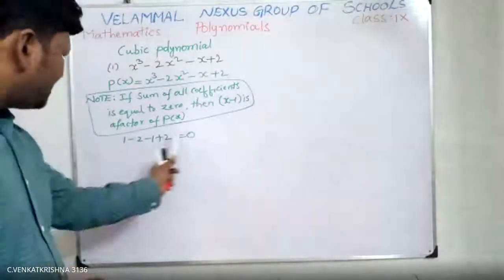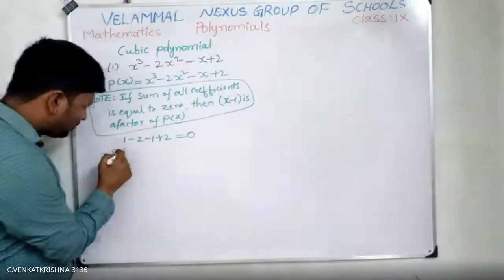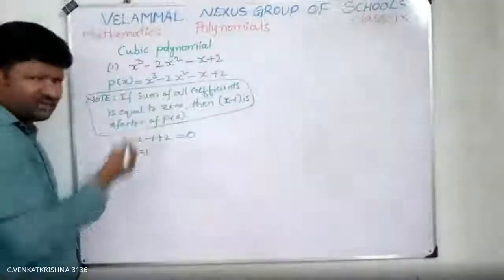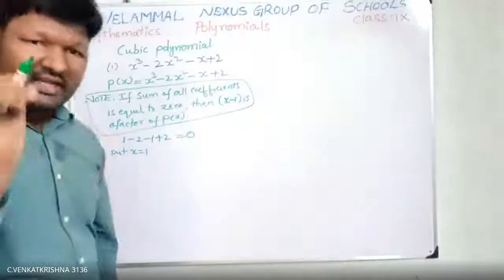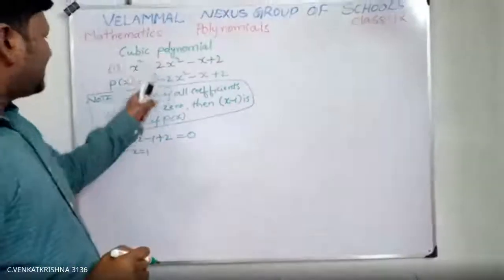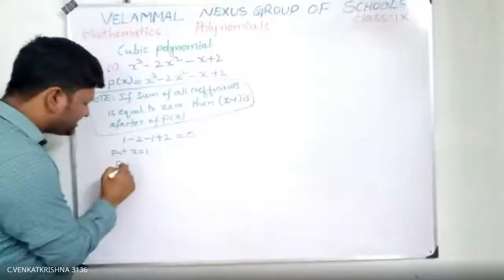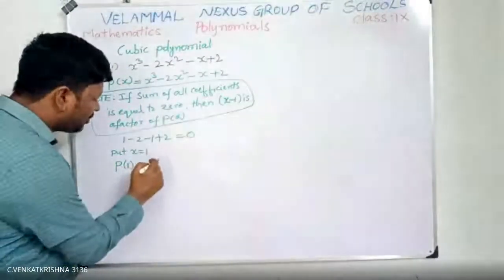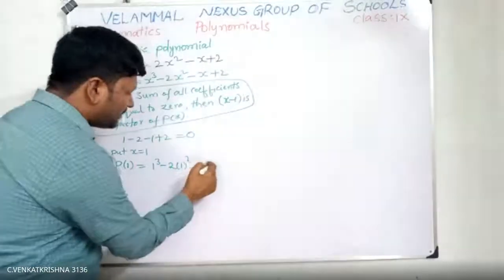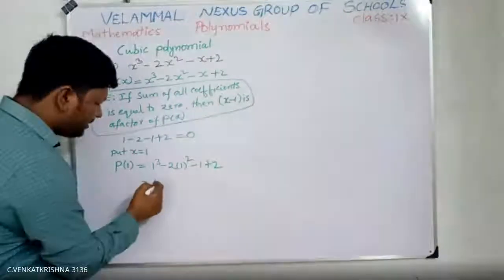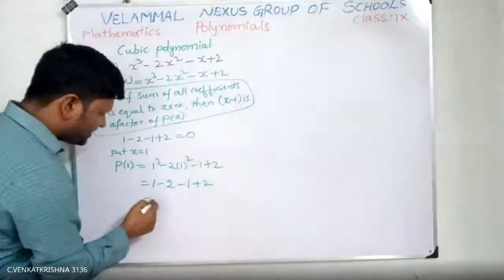If it equals 0, then directly take it; otherwise put x is equal to 1 and check. If it equals 0, yes, 1 is a factor. Then take x is equal to 1 and substitute in the polynomial. So p of 1 is equal to 1 cube minus 2 into 1 square minus 1 plus 2. That is 1 minus 2 minus 1 plus 2, equal to 0.